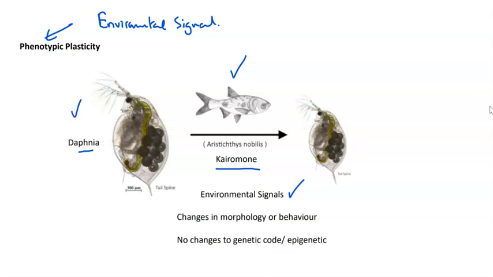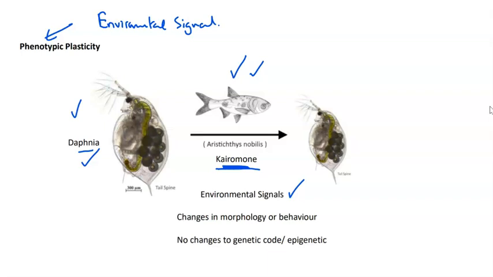So this is the animal currently, which is in the freshwater environment. Along comes the big-headed carp like this. The chemical is given off by the predatory fish, and the signal is picked up by the organism Daphnia.